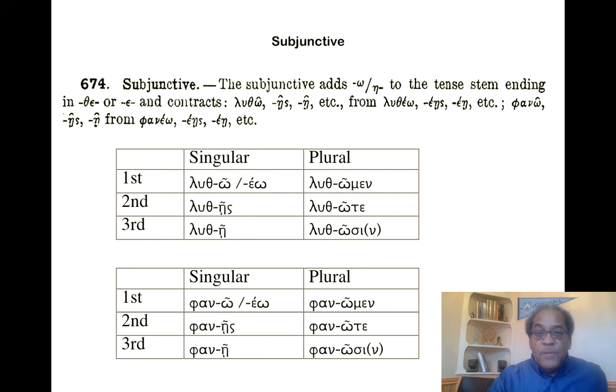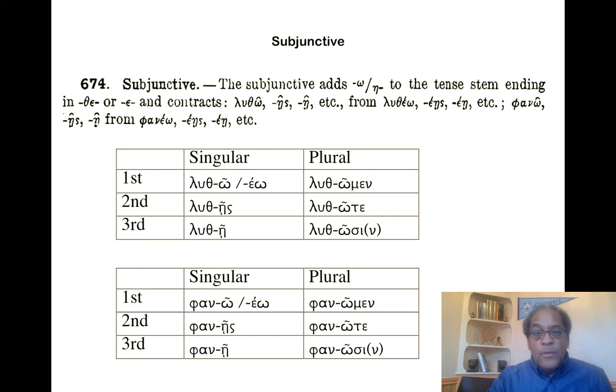Whereas switching to the subjunctive, you'll see that the subjunctive adds omega, eta, your varying thematic expanded thematic vowel, to the tense stem ending in theta-epsilon or epsilon. And then you have this contraction, and that is responsible for the circumflex accent over the personal ending.